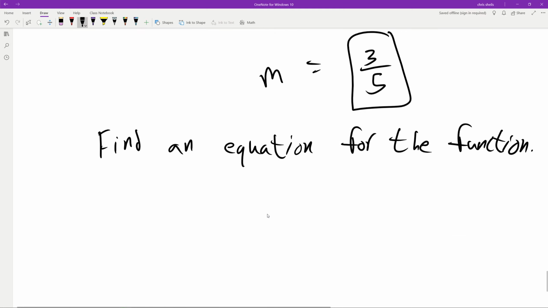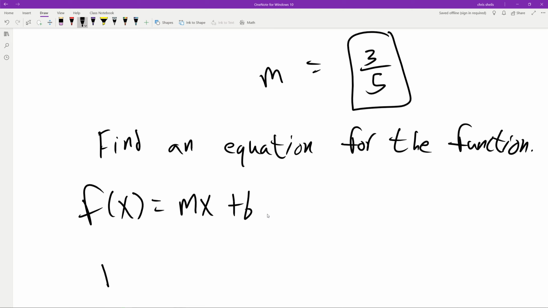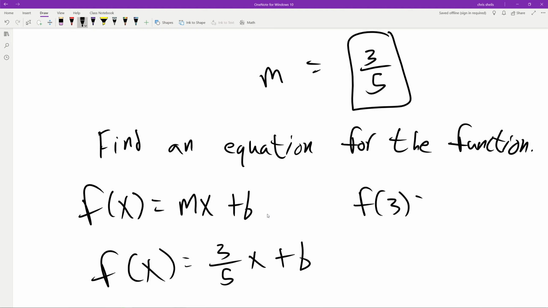I know that linear functions come in the form f of x equals mx plus b. This means that this function has to be in the form f of x equals 3/5 x plus b, but now I need to find what b is. And let's remember, I'll write it down here again. f of 3 was -2 and f of 8 is 1.